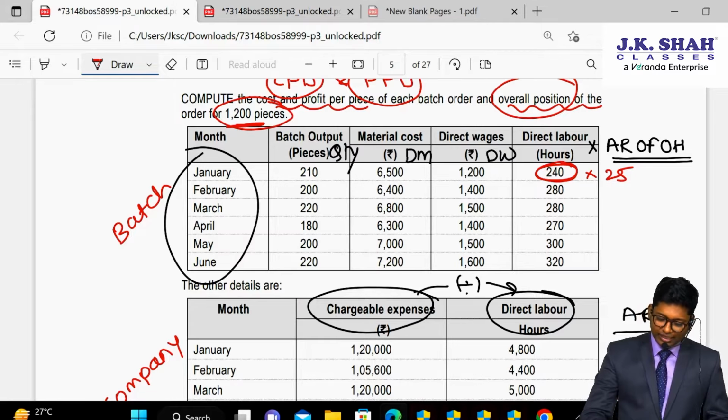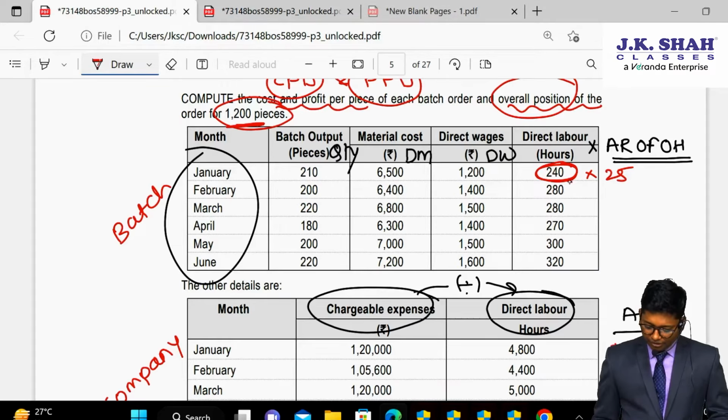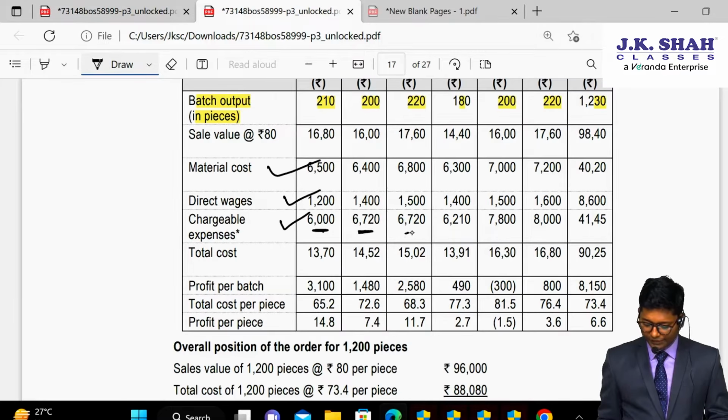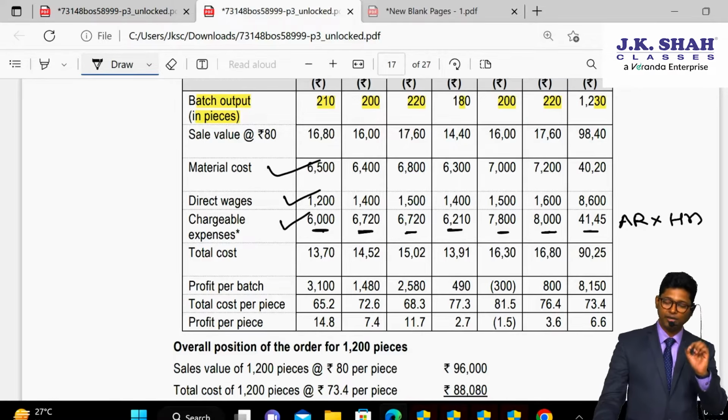If you use your calculator, 240 into 25, you will be getting 6000 and the same value is recorded here. Same way, for the month of February, 280 hours worked on job and overhead rate for the month of February is 24. When you multiply it by 24, you are going to get 6720 and so on. So this calculation is simply done by using absorption rate and number of direct labor hours for a particular month.